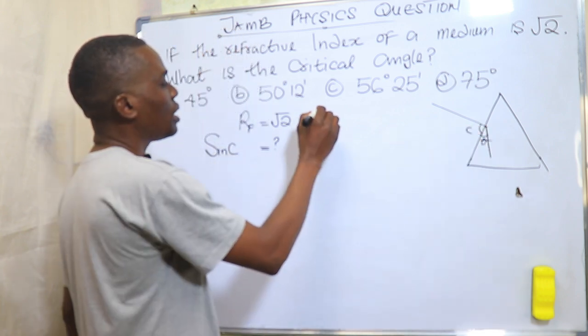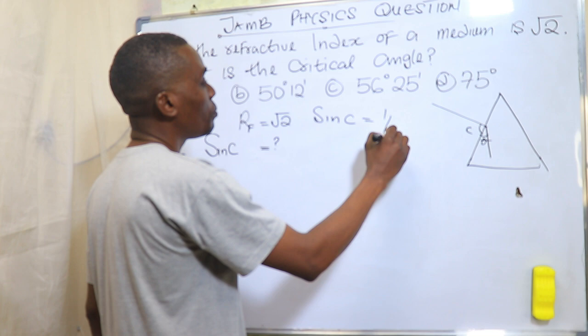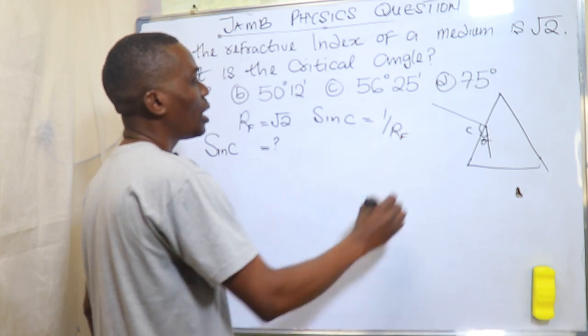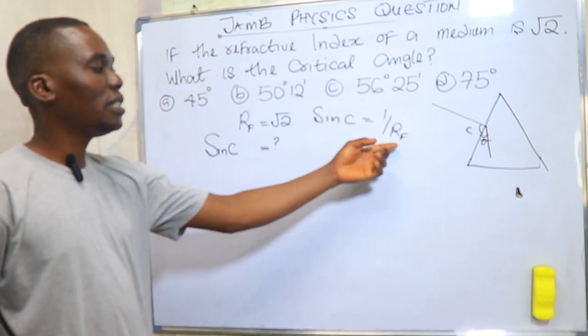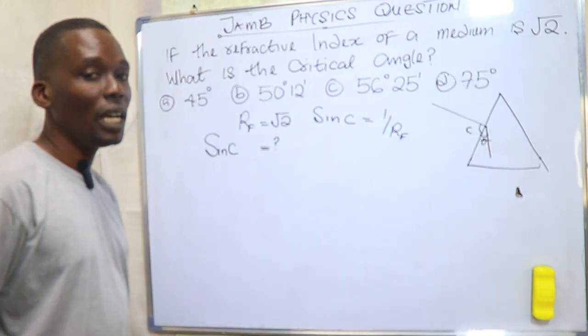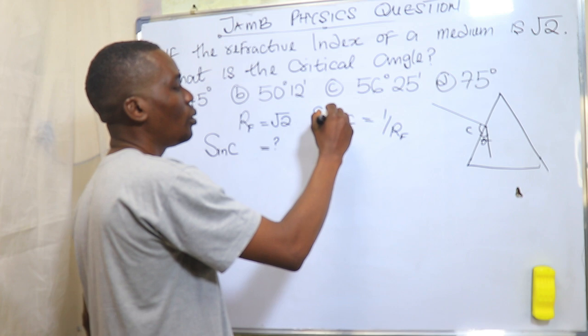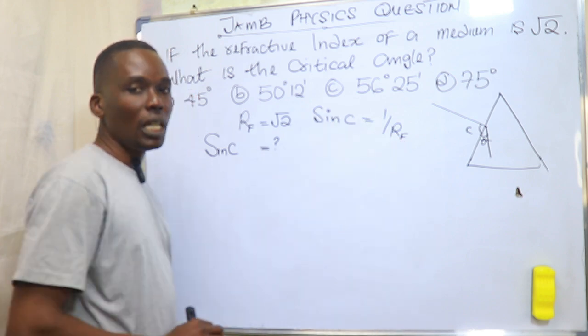Now we take it that sine of C is equal to 1 divided by the refractive index. That is the refractive index they give us. So the critical angle is inversely proportional to the refractive index.